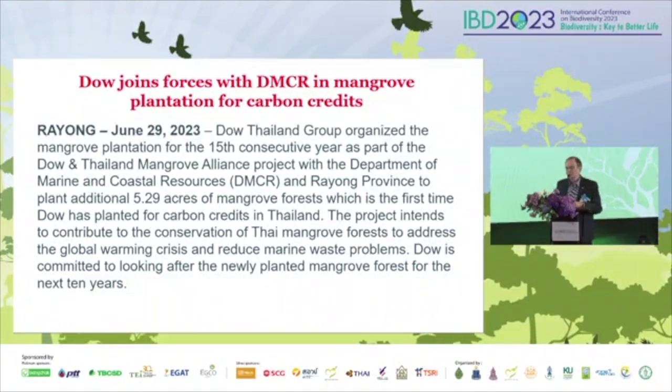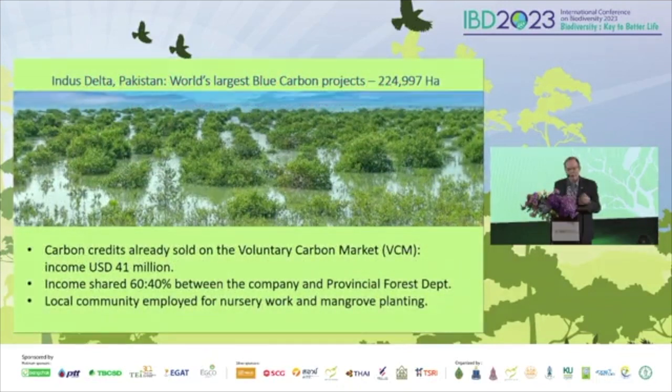The Dow Chemical Company has invested in a mangrove carbon project for the first time. And it will take 10 years for them to realize the investment. So that's why I emphasize the importance of the other services that are much more immediate and potentially of greater benefit to local communities. And just to finish off, there is the largest mangrove project in the world.